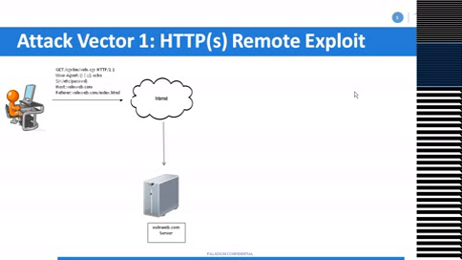If you look at the user agent header, this user agent header has been tampered and it contains the malicious payload. Once this request reaches the web server, there are certain events that take place at the vulnerableweb.com server.